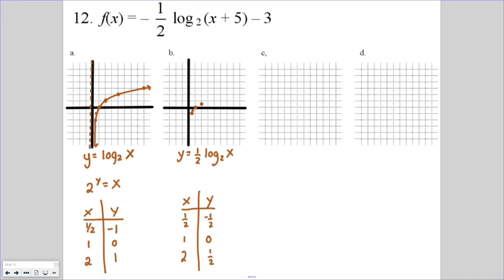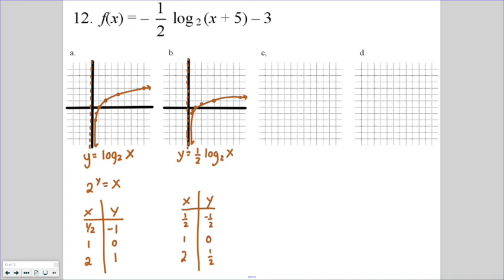That's now going to be 4, 1. And then that last point, 8, 3, is now going to become 8, 1.5. So I just shrunk this. I shrunk all the y values here from our parent function. Asymptote stays the same. That's our stretch.